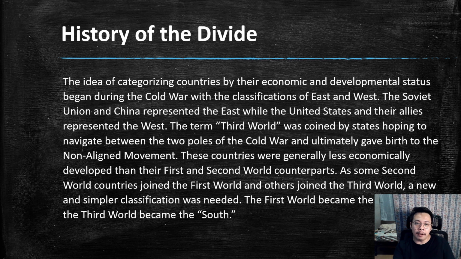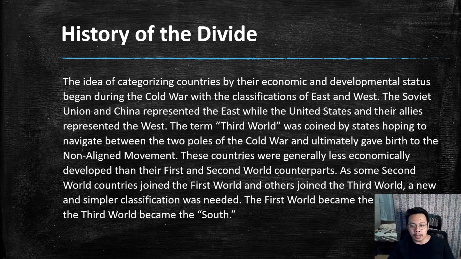So the idea of categorizing countries by their economic and developmental status began during the Cold War with the classification of East and West. Now, the Soviet Union and China represented the East, while the United States and their allies represented the West. The term Third World was coined by states hoping to navigate between the two poles of the Cold War and ultimately gave birth to the non-aligned movement.